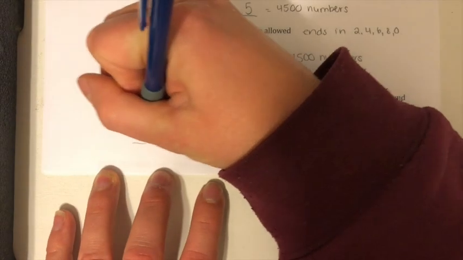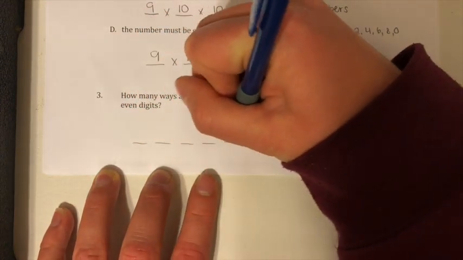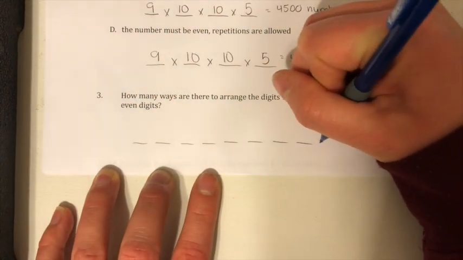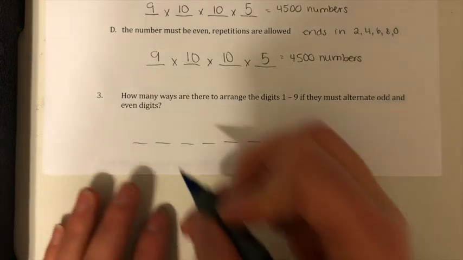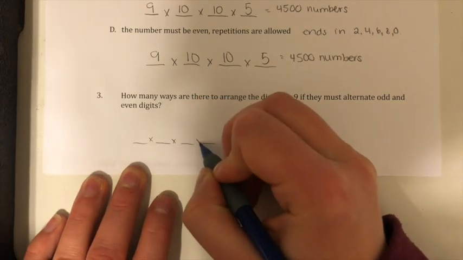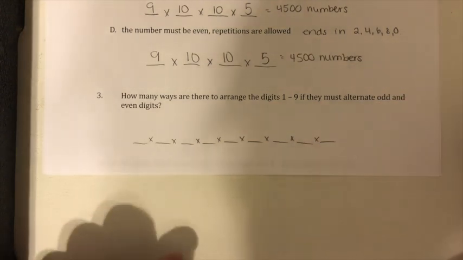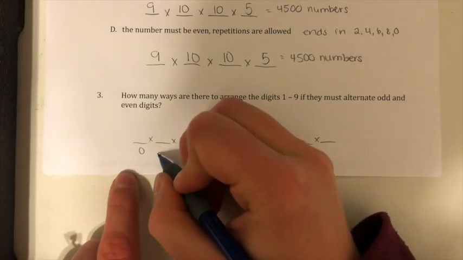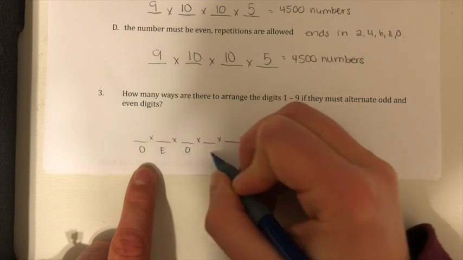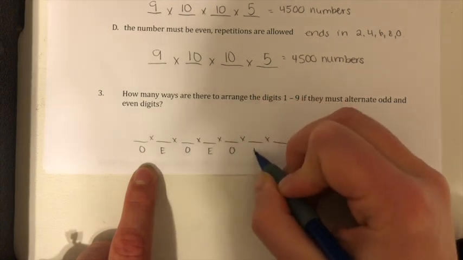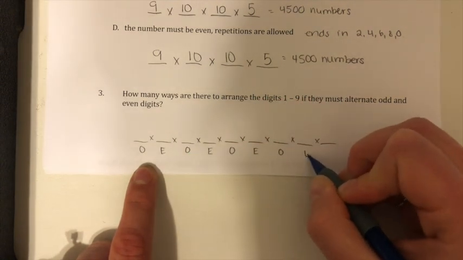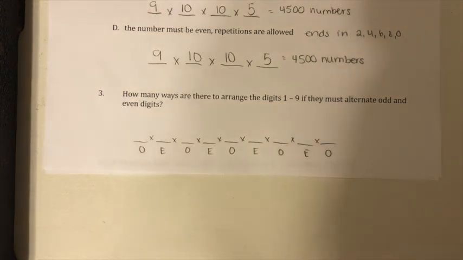So we're going to lay out 9 different spaces this time, because there's 9 different numbers that we need to assign a spot. And the criteria this time is that they have to go odd, even, odd, even, odd, even, odd, even, odd.